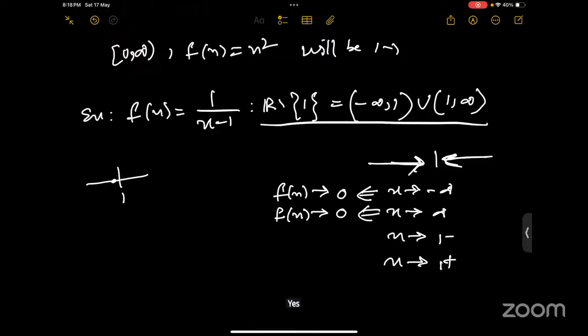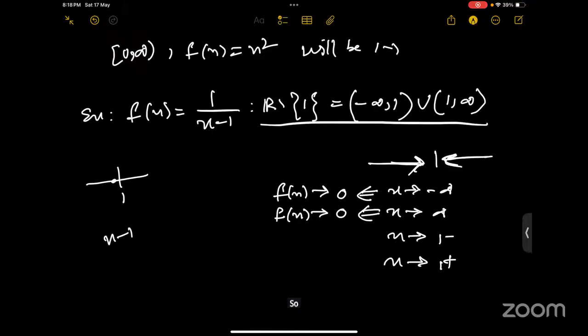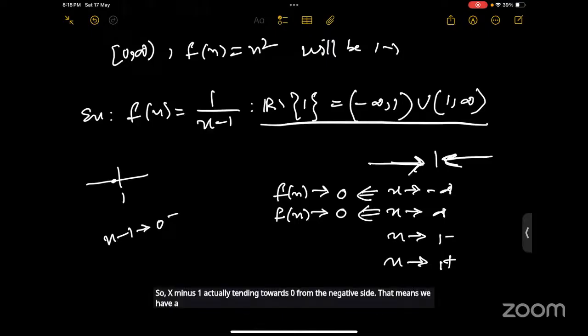Yes. If x is tending towards 1 from the negative side, that means x - 1 will be tending towards 0, but from the negative side, right? So 1 by 0 from the negative side will be tending towards negative infinity.